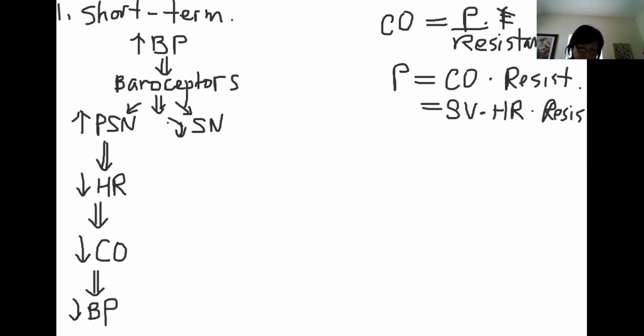Okay, so now we're saying parasympathetic will decrease the heart rate, then will decrease the output, then will decrease the pressure.